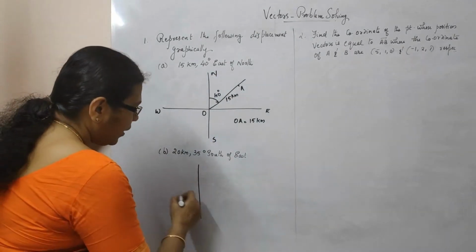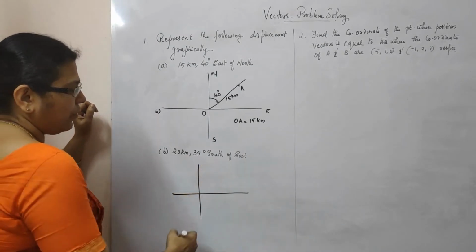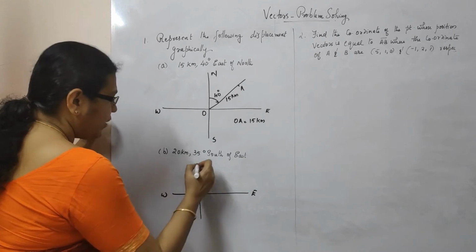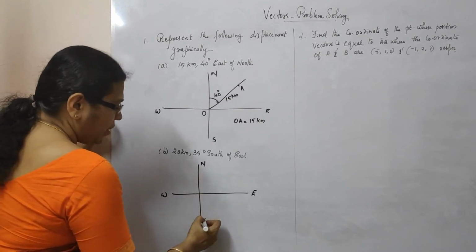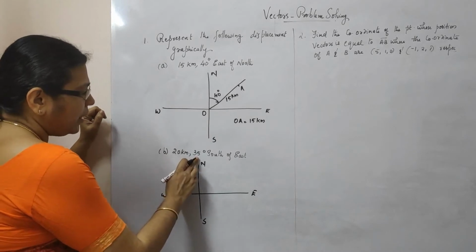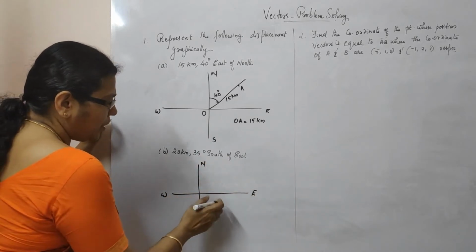Now coming to the next one. Again, this is what? 20 kilometers, 30 degrees south of east. So here this is east, this is west, this is north, and this is south. Okay. So here 20 kilometers, 35 degrees south of east, from east towards south.